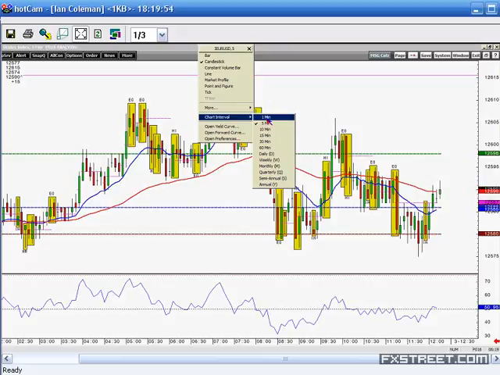But with, as you say, choppy price action and so many traders waiting in anticipation of all these different economic releases that we've got this week, it could be very light volume.